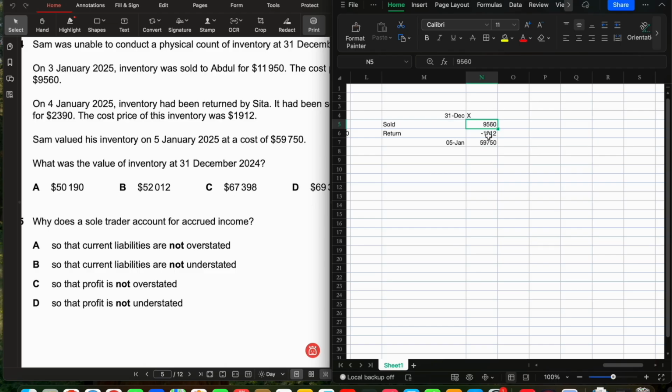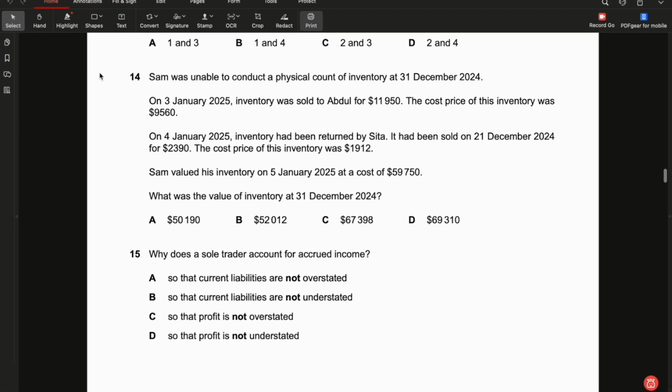So I'll add it back to my inventory. So this will be the amount of inventory that we have at the end of the year, 31st December, 67,398, option C. For question number 14, your correct answer is C, 67,398.